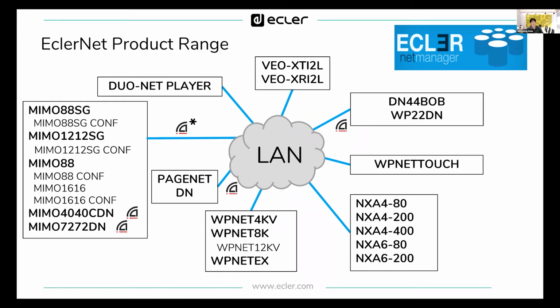And obviously all the Dante interfaces integrate Dante, okay? The only ones that integrate video are the VEO devices, 4K video. So this is all the signals that get into the network and come from the network.